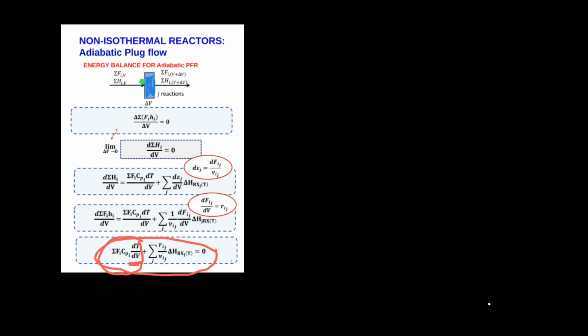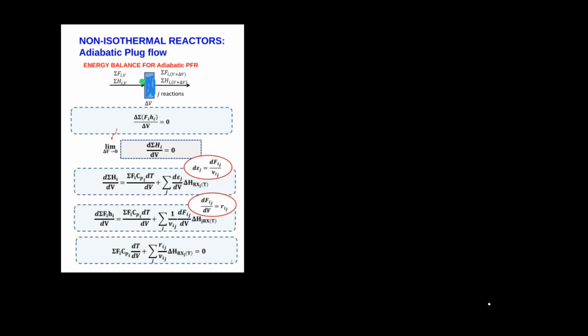You need to consider a sum, once for each of the reactions. Choose a component for which you have the rate as it participates in that reaction, divide by the stoichiometric number in that reaction, and multiply by the heat of reaction. So for each of my J reactions, I will account once for the heat of reaction.